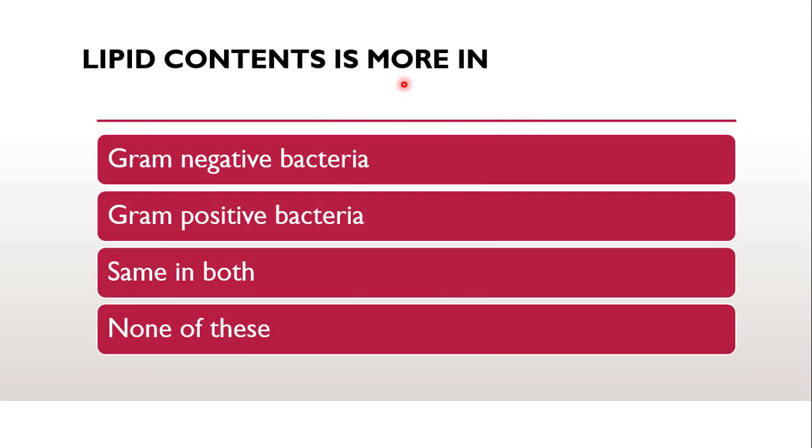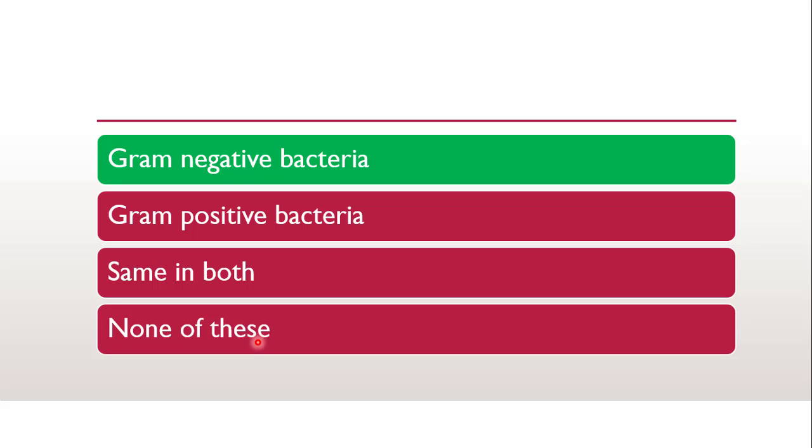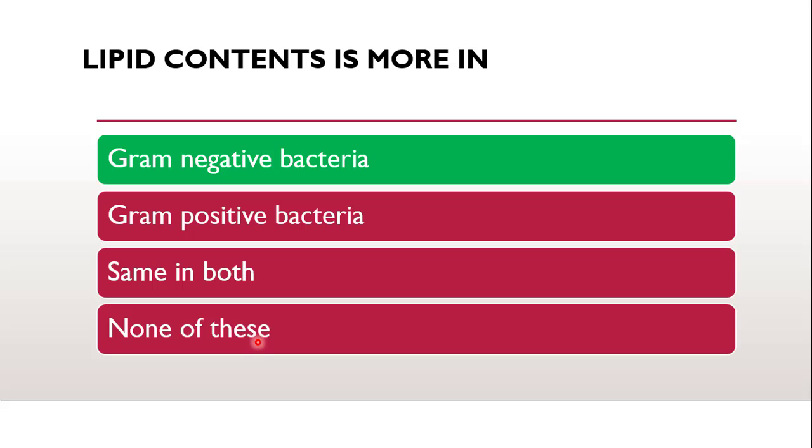Next question is, lipid content is more in gram negative bacteria, gram positive bacteria, both, or none of these. As you all know from the structure of the cell wall, it is more in gram negative bacteria.